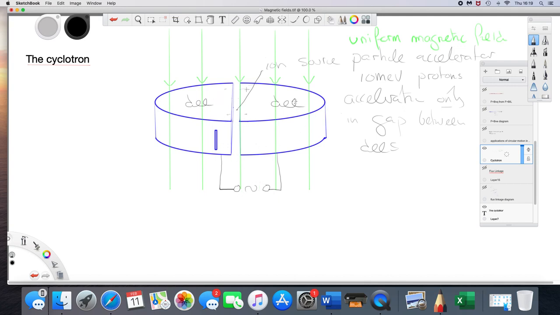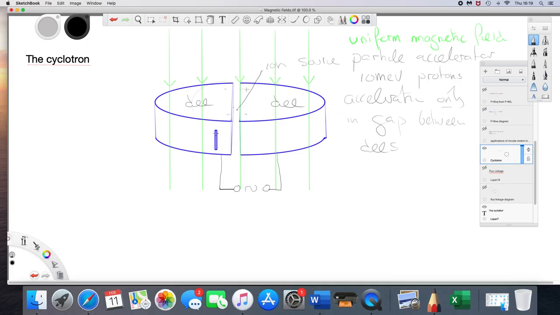Eventually, the radius of the circle, of course, will increase as the particle travels faster, and the accelerated particles will come out of the D. There'll be a chute here. I wasn't able to draw the chute terribly well, but there'll be a chute here where the charged particles eventually will come out.